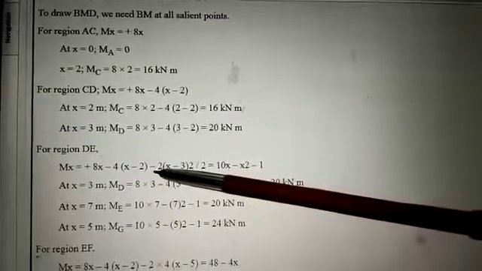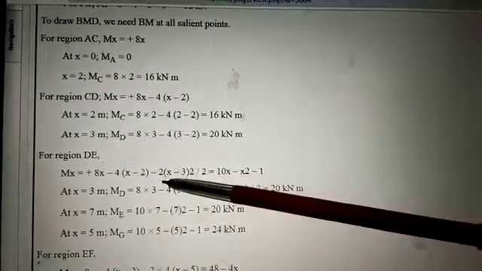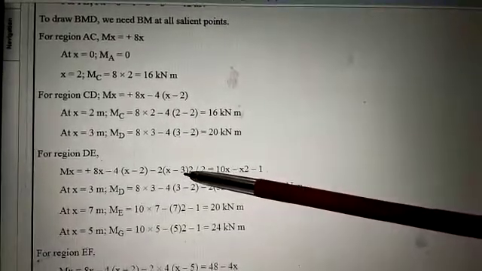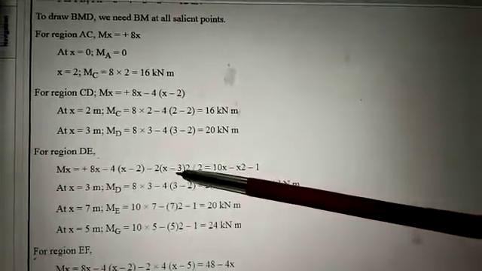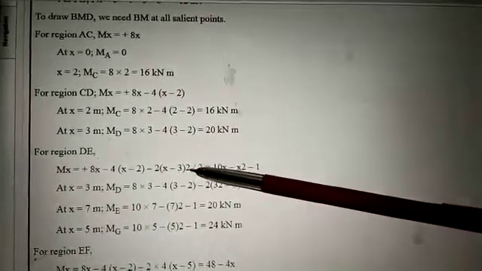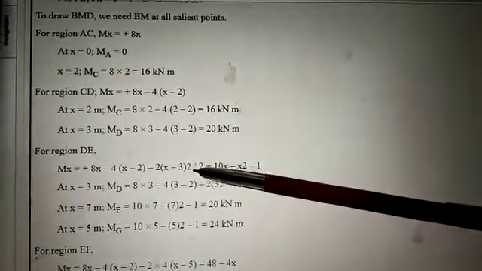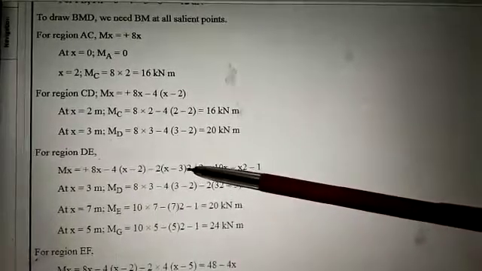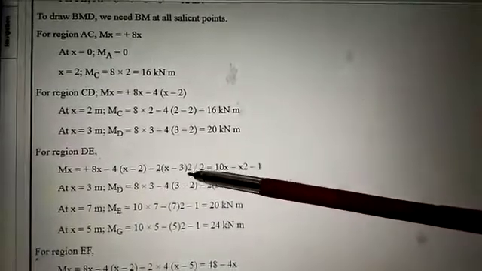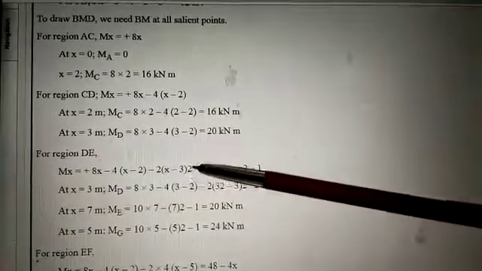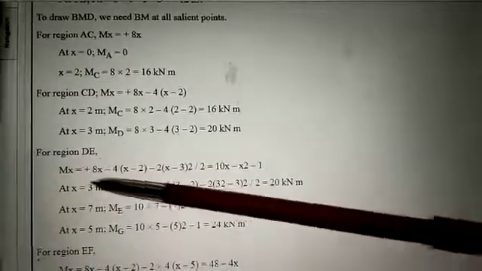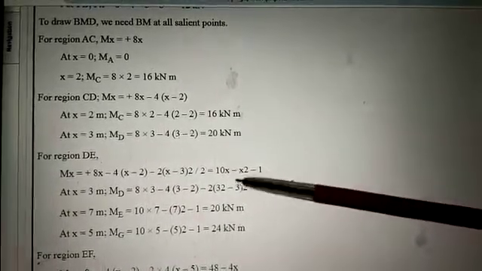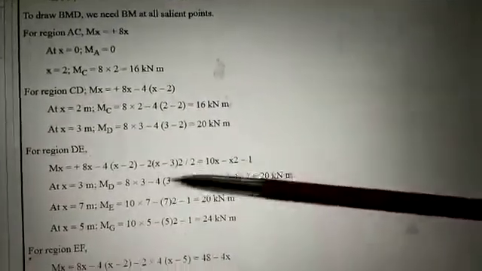Then it will be minus 2, that is the UDL, into x minus 3, where x minus 3 is the distance of the UDL, multiplied by x by 2. So the equation comes out here, the x is missing. We have to put x here because x is the distance on which UDL is applied, and we are finding it at x distance. So the equation will be 10x minus x square minus 1.